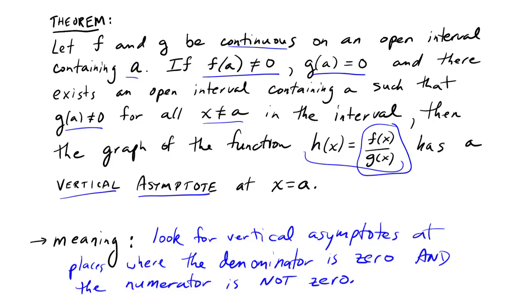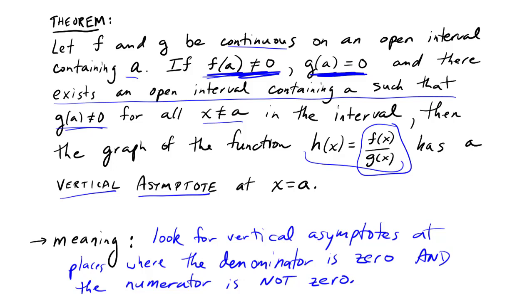the denominator is 0. And it's actually when the denominator is 0 and the numerator is not 0. That's why f of a is not equal to 0 and g of a equals 0. And it's a singular place where the denominator is 0, which is why the whole next part is about an open interval where the denominator is not 0.